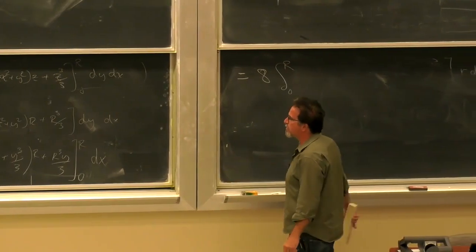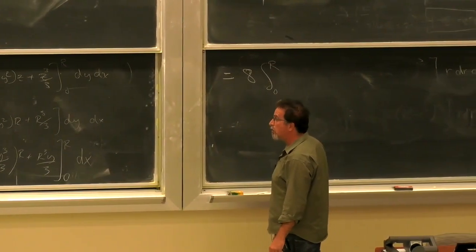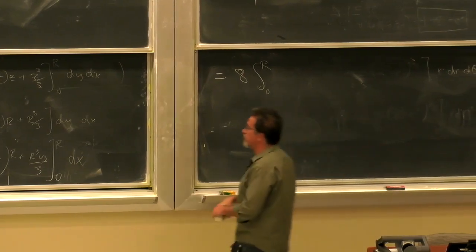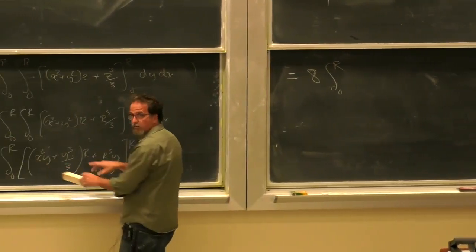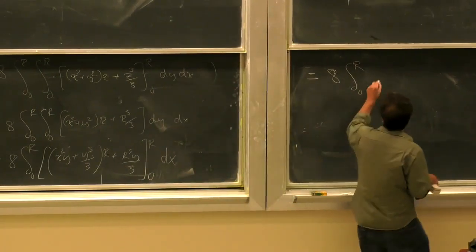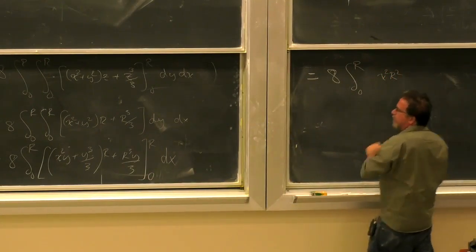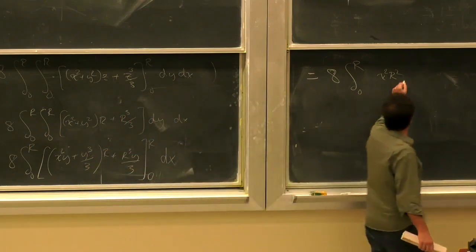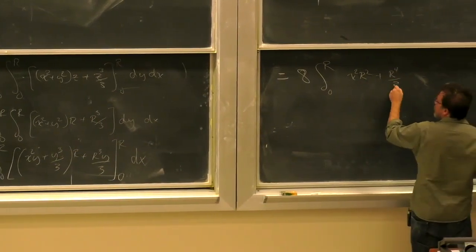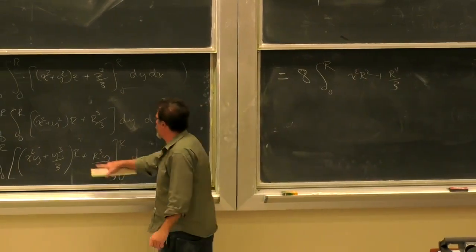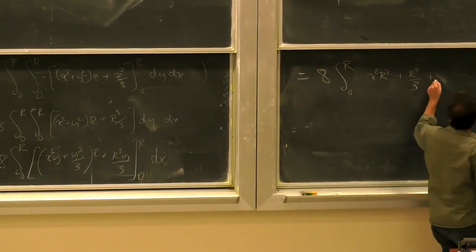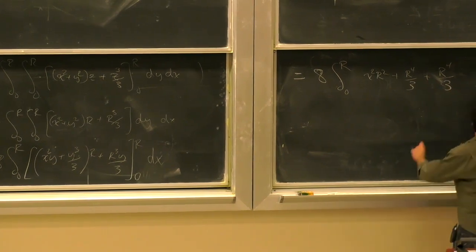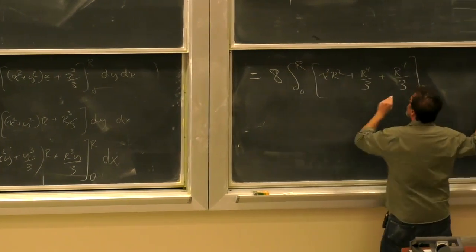That first term is x squared r squared, right? Because x squared r and r. So that's x squared r squared in the first integral. This is going to be r to the 4th over 3. And this should be r to the 4th over 3. And then I have to integrate that with respect to x.